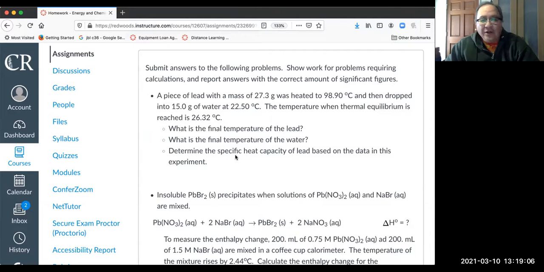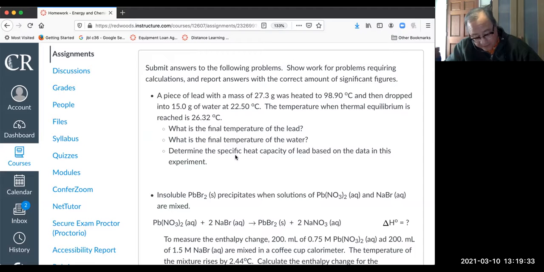Yeah, that's not close. Okay, so I'm going to read the problem and write down some things from it, and then I'll share my paper with you so you can see what I have. The mass of the lead is 27.3 grams. The initial temperature of the lead is 98.90 degrees Celsius.